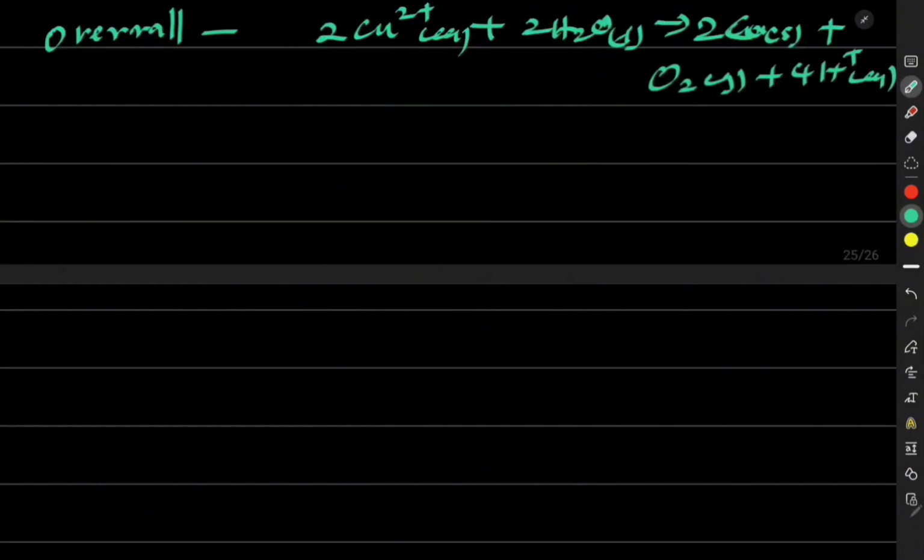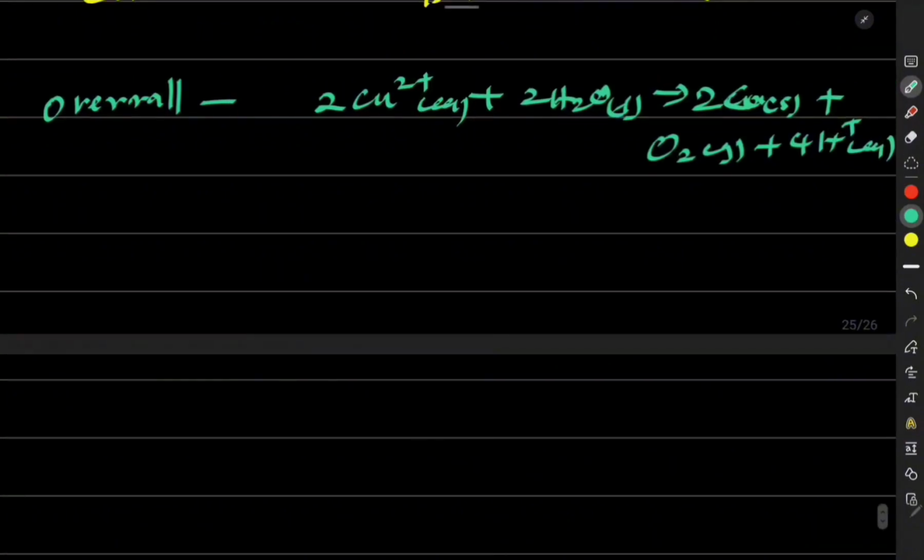We can find the standard electrode potential using the table. In the exams, they will give us the standard reduction potential table. Here, oxidation of water is more feasible than oxidation of sulfate ions.